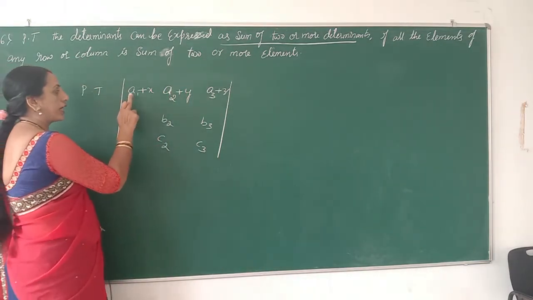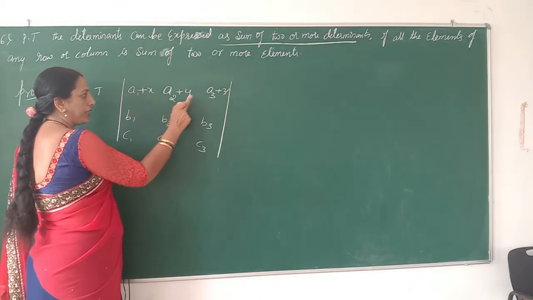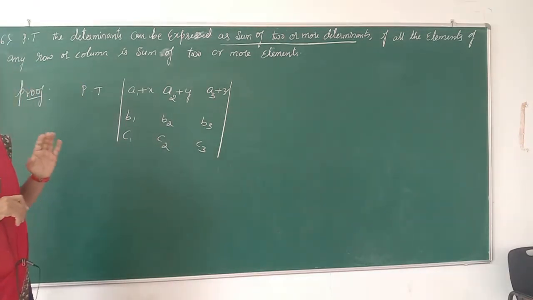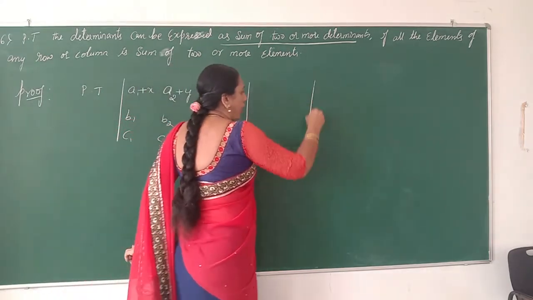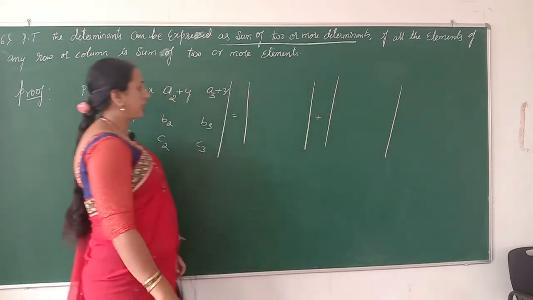So the elements of the first row are A1 plus X, A2 plus Y, A3 plus Z. Elements of the second and third rows do not alter. It can be expressed as the sum of two determinants. First we observe these conditions.